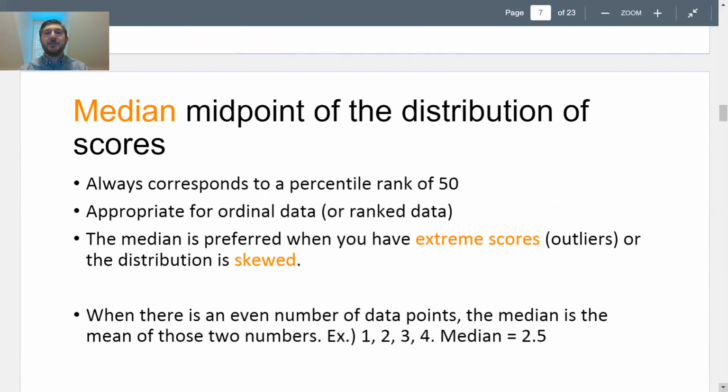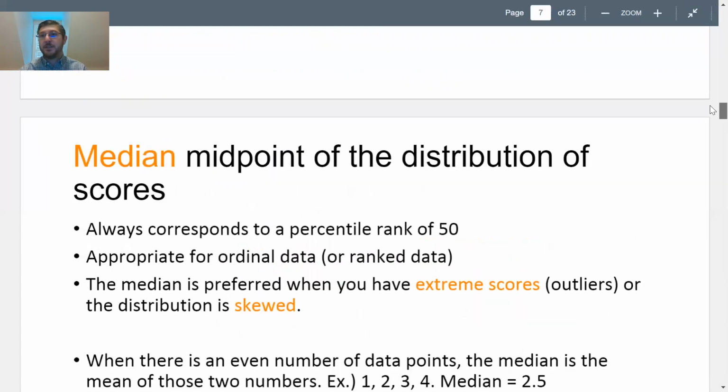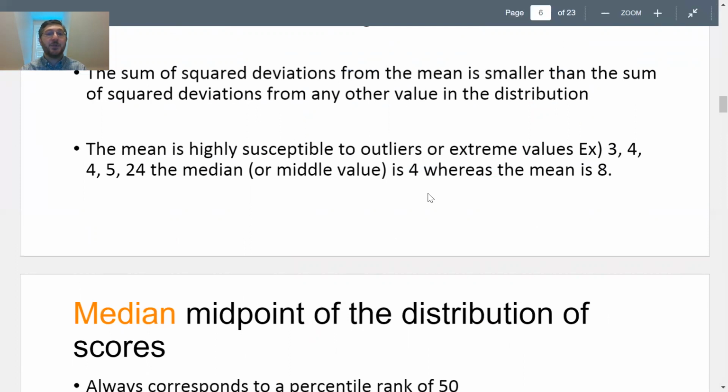So the median, as we talked about already, is just the midpoint of the distribution. It corresponds to a percentile rank of 50. Basically, what you do is you order every score in the distribution from lowest to highest, and then you find the middle value. The median is appropriate when you have ordinal data or ranked data, and the median is also preferred when you have a skewed distribution, like we talked about earlier, because the mean is pulled in the direction of the skew.